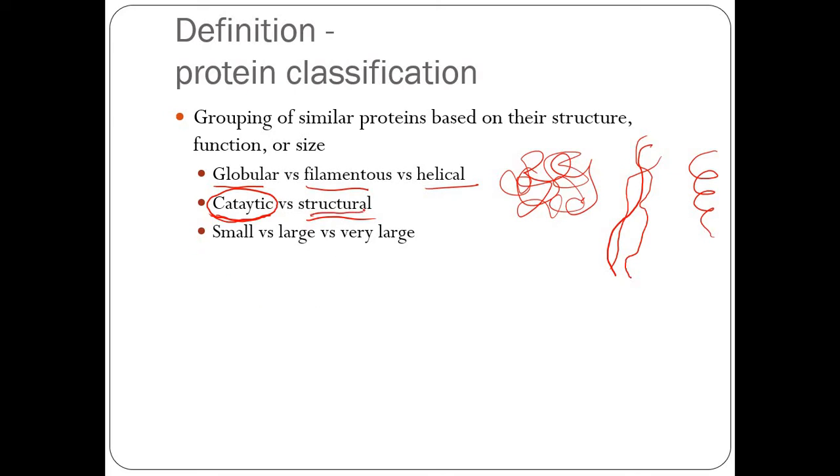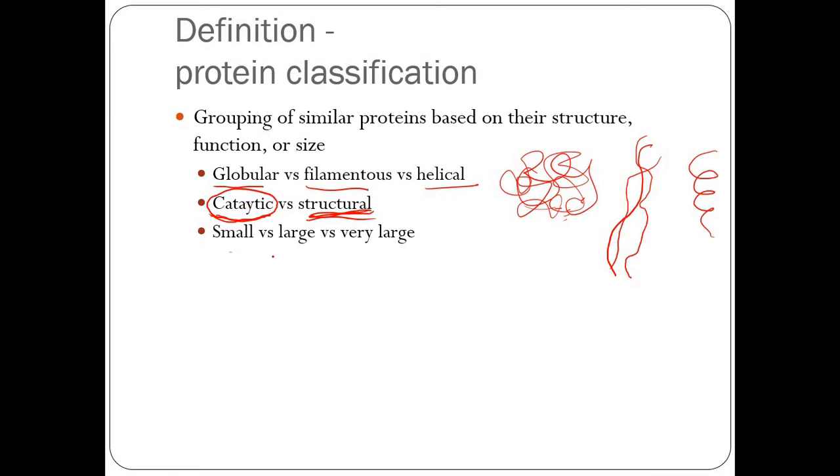And we have structural proteins. So as you know, like collagen, you have keratin. So those are structural proteins. Usually, ang structural proteins are not globular. So usually, they are just filamentous or helical. Ang usual jud nga globular are the catalytic.